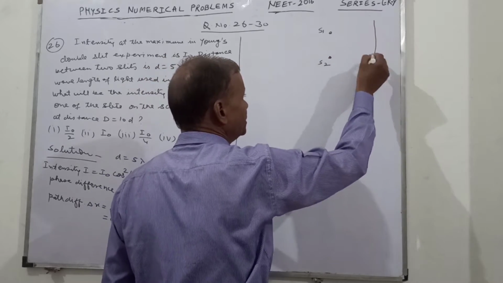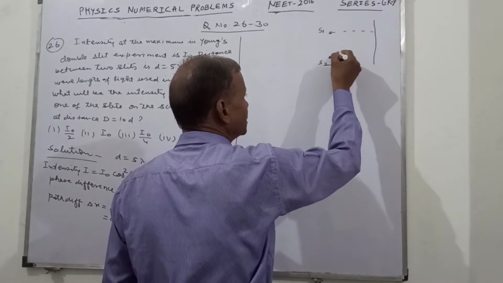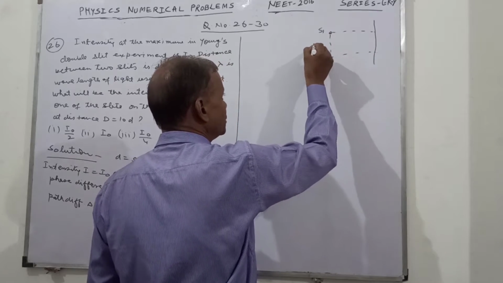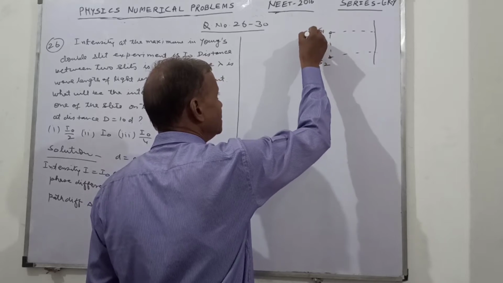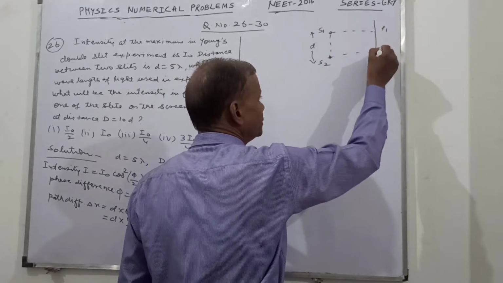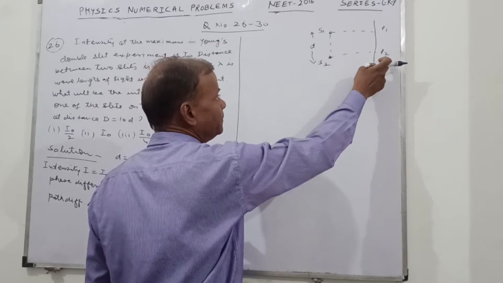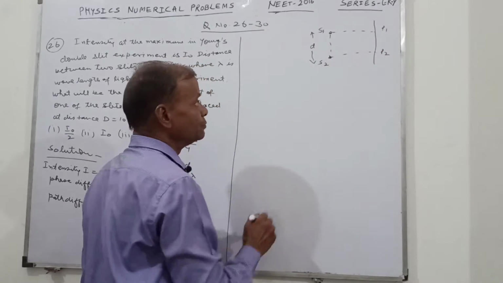This is the screen. These are the points. Here you are given D. This is point P1, this is point P2, the P1 in front of S1 and P2 in front of S2.